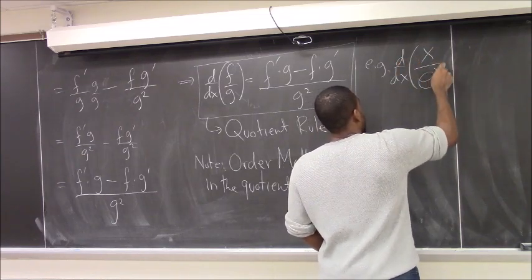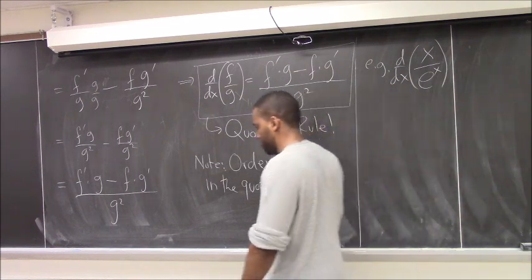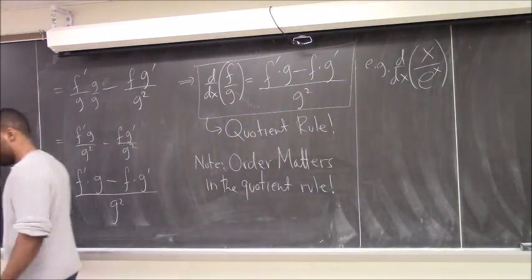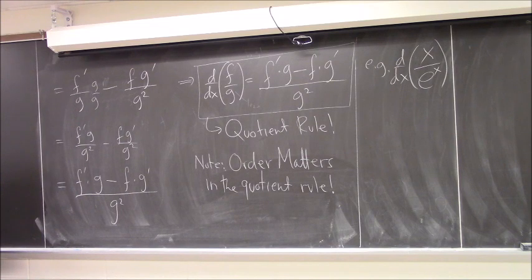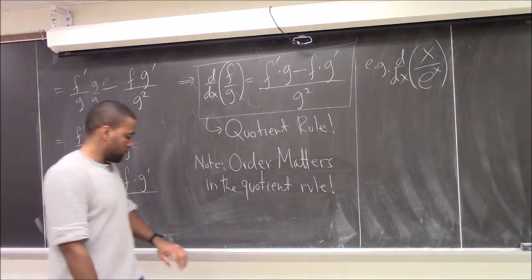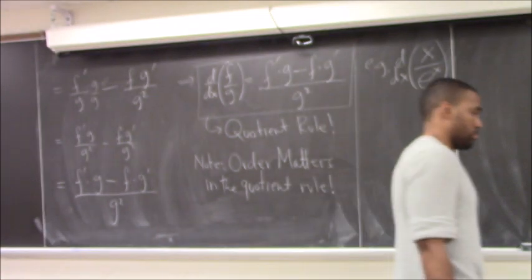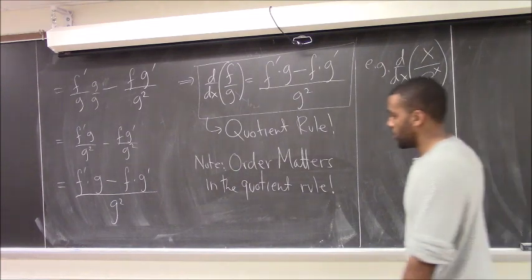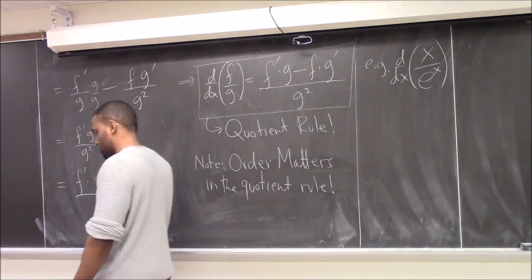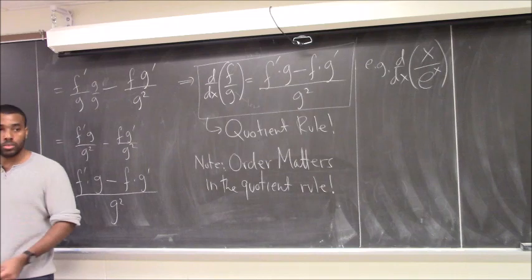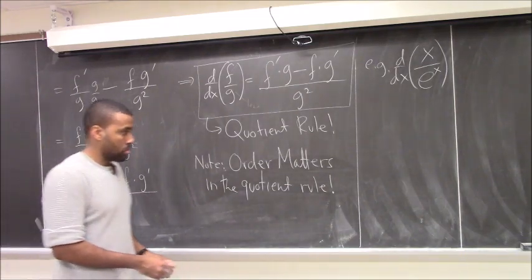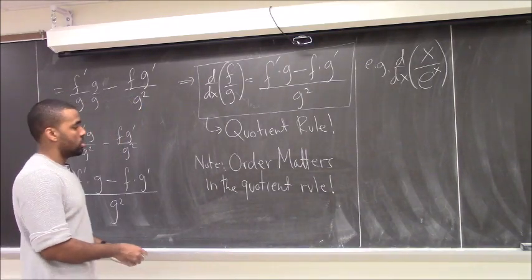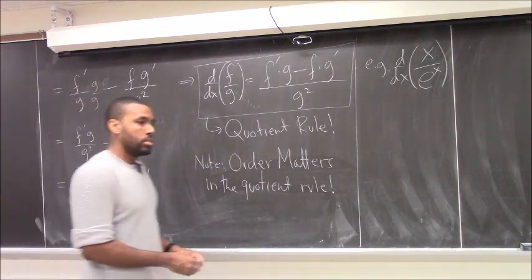Say I had x divided by e to the x. How do we deal with that?